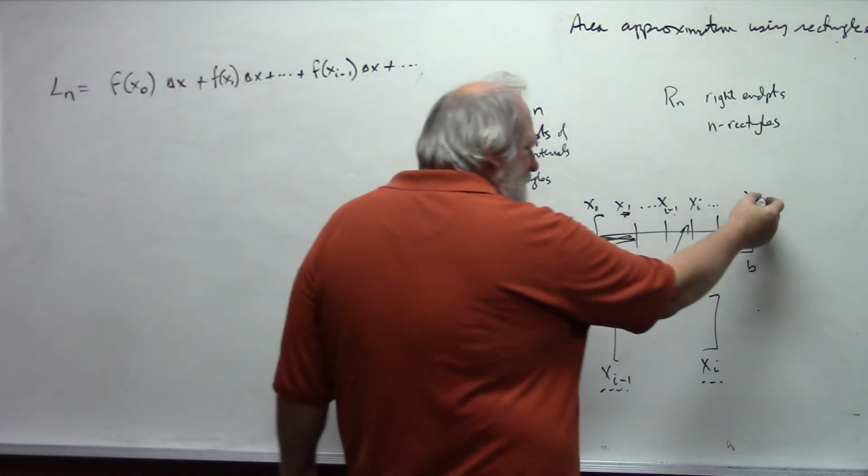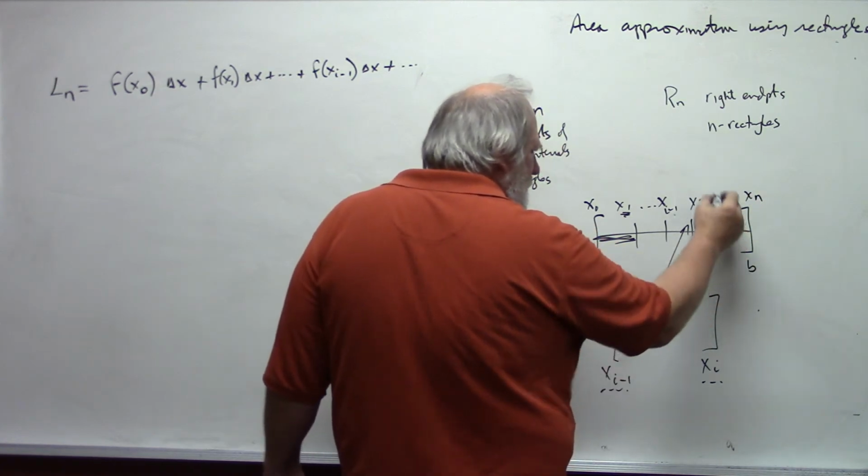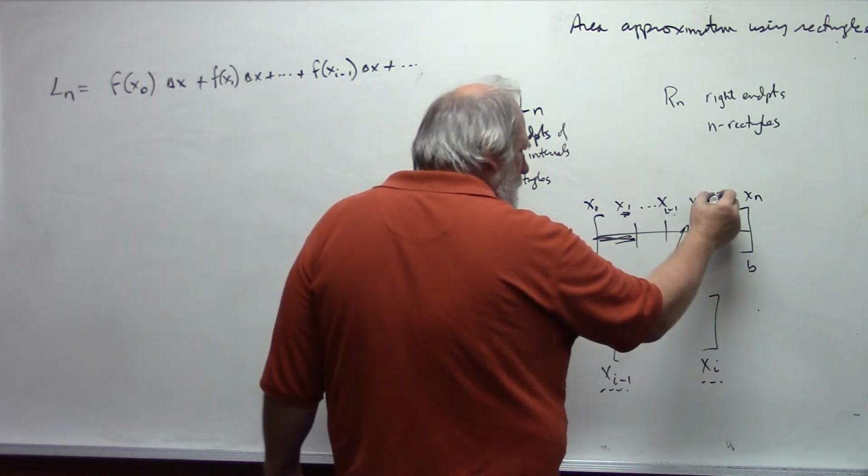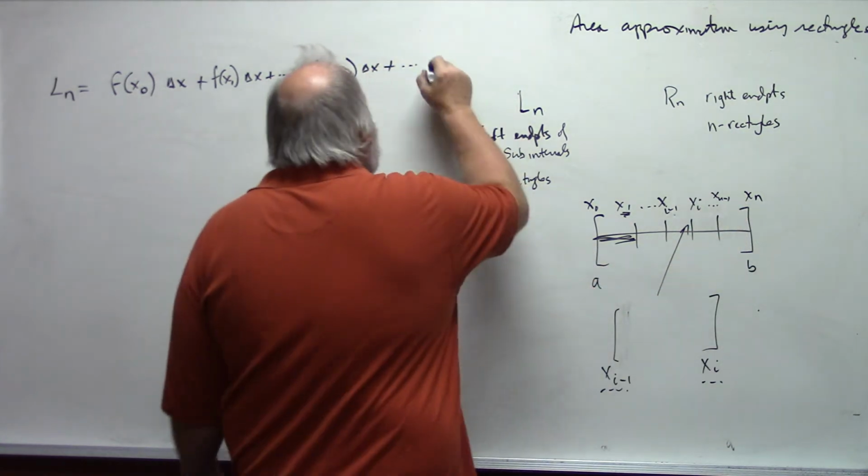If we end at x sub n being b, then the left-hand endpoint is x sub n minus 1.